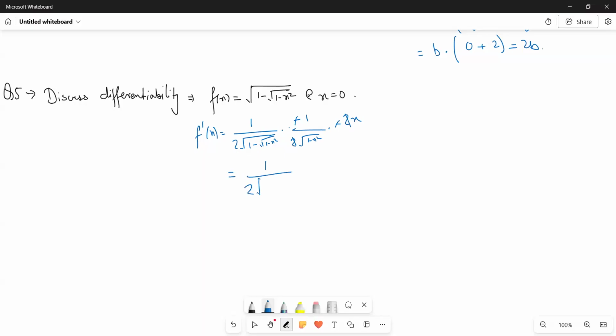We'll end up getting 2 root over of 1 minus root over of 1 minus x square into 1 by root over of 1 minus x square and ऊपर में x आ जाएगा in the numerator. Is the derivative clear?